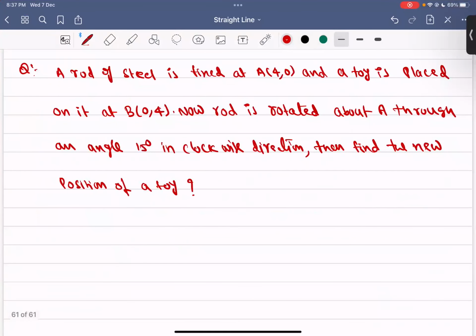So now we'll draw the diagram. First, the x and y axes.